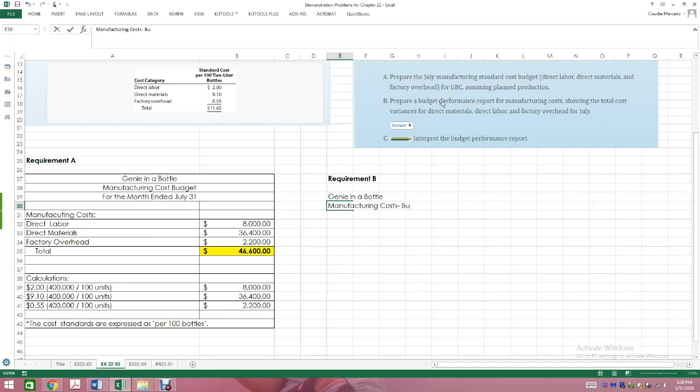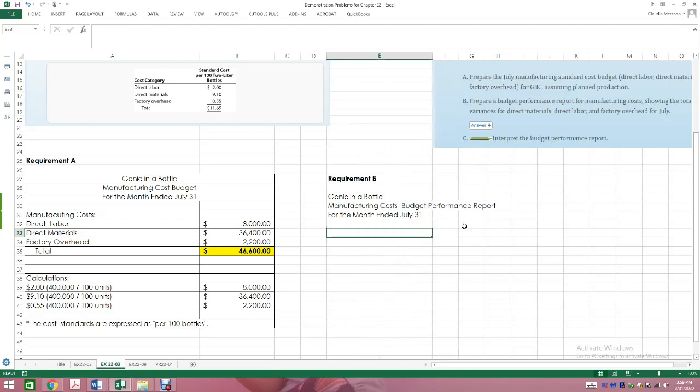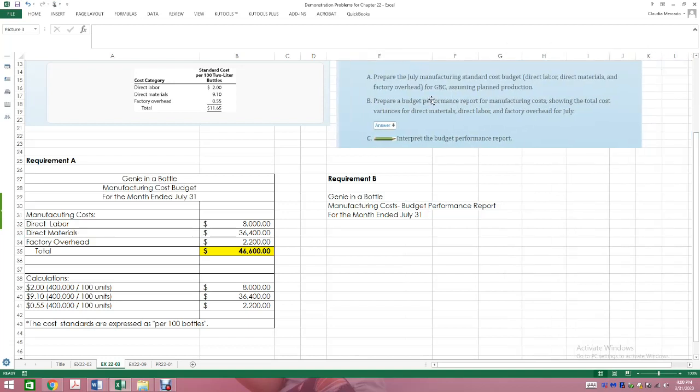That's what they want us to do here, a budget performance report for the month ended July the 31st. And then we're going to need about four columns. This one's going to be bigger.